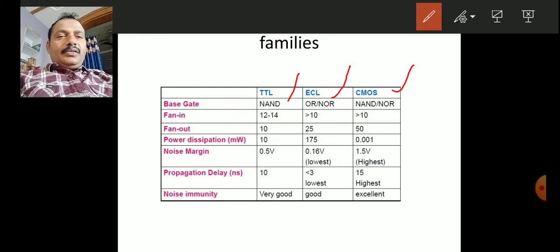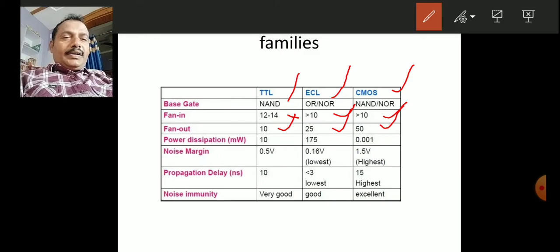Fan in for TTL, 12 to 14 is possible. For ECL, it is up to 10, greater than 10. For CMOS, it is greater than 10 fan in. Fan out for TTL is 10. For ECL, 25. CMOS 50. So this is the fan out capability, the driving capability of different gates.